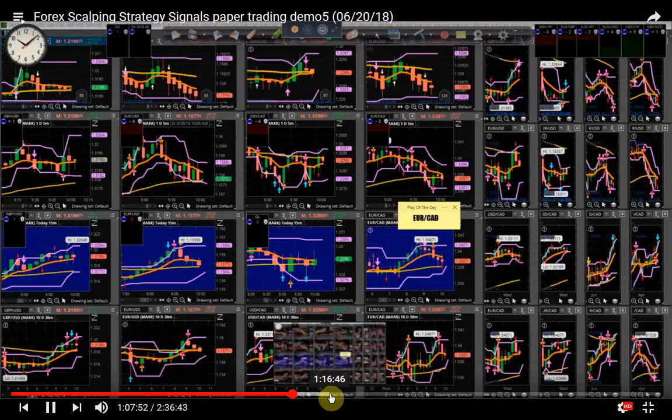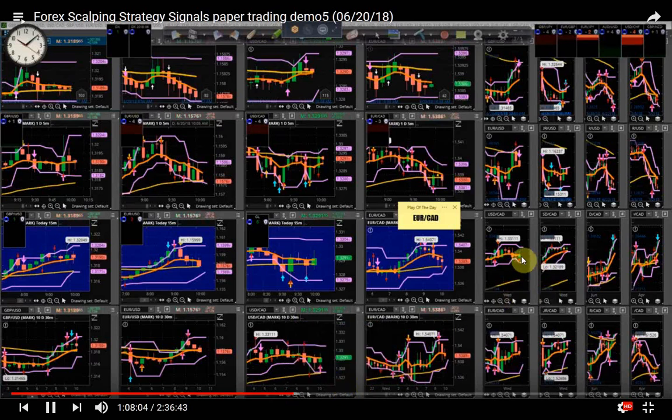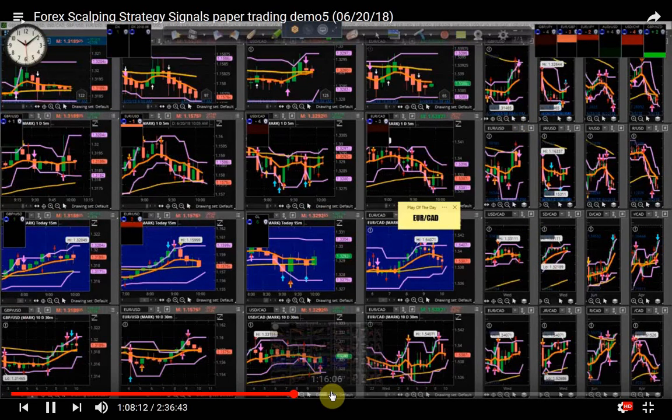Okay, and these trades here, guys, are just common sense trades because you're so far outside resistance on the GU and EU, and not so much on the UCAD here, which was support. But because you're outside, price is coming back in. It wants to come back in. It has to come back in.